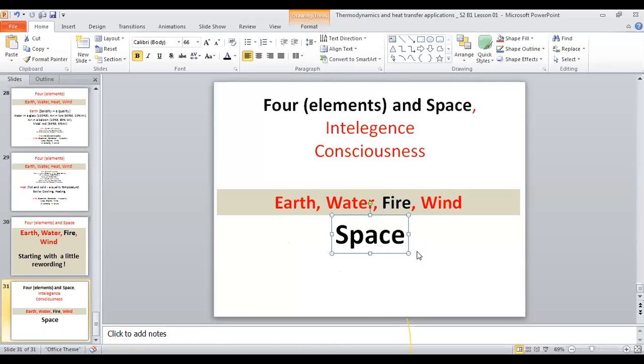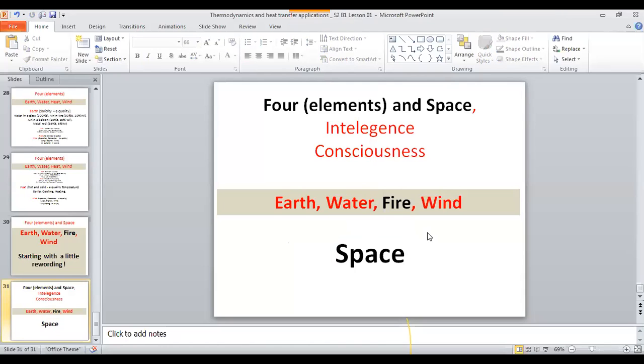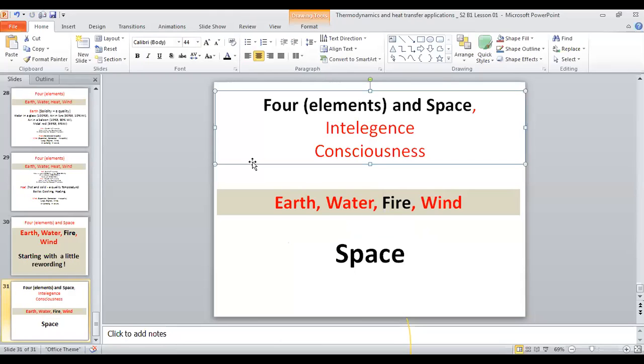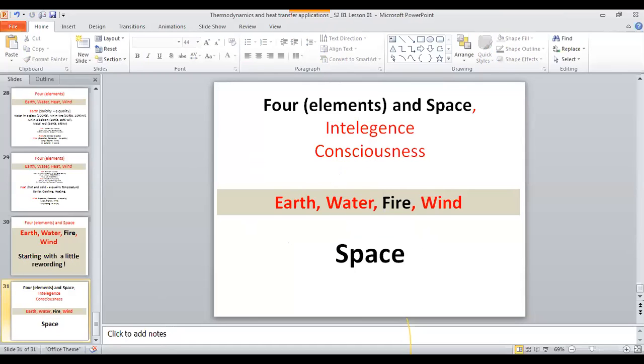So we have to discuss this basically. Let's discuss what space means. Can you think what space means? Whatever you feel space is okay for you.